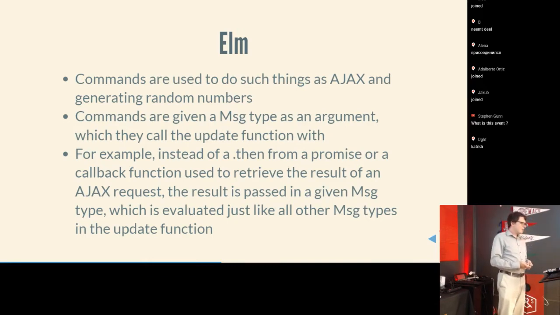However, in Elm, you would give to the AJAX performing command a message type, one of those message types that are given to update. And when the AJAX comes back with a response, it's going to call the update function with that extra bit of data, the response, already attached to the message type, which the reducer, basically the update function, is going to be able to extract out of that message type.